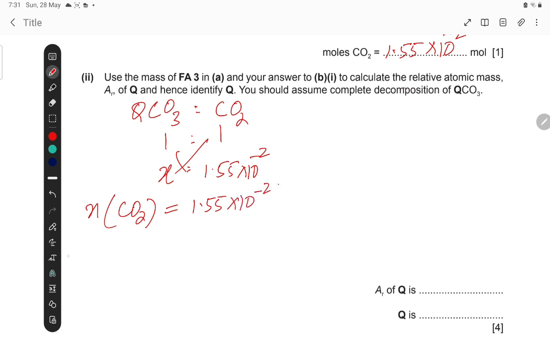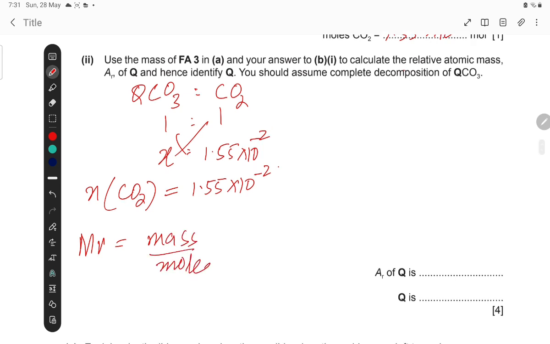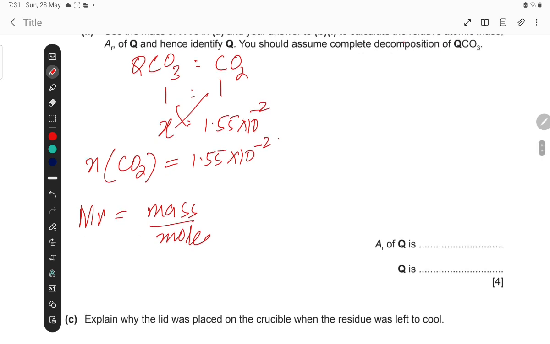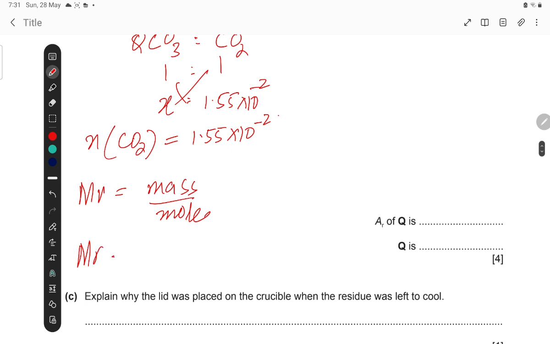Now we can calculate Mr, which is equal to mass over mole. For mass we use 1.3 of QCO3. So Mr is 1.3 divided by 1.55 times 10 raised to minus 2, which is equal to 83.87.